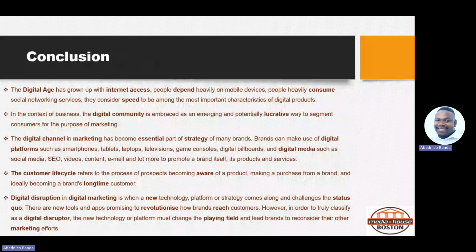So in conclusion, we spoke about the digital age, how we have become a global village, and how we have become members of the digital community. And before I conclude, I also need to tell you guys about digital natives. I also mentioned that since he's old, he cannot classify himself as a digital native.